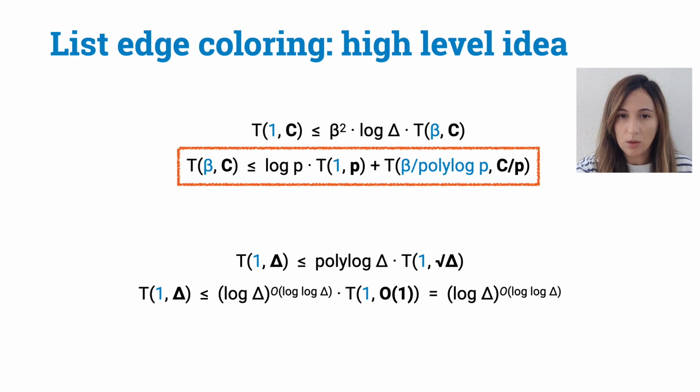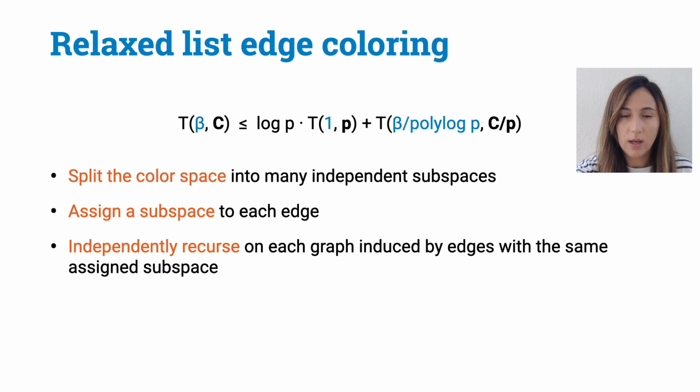Now that we know what to do once we have an algorithm for the relaxed version of list edge coloring, let's actually see how to solve these edge coloring problems when the size of the list is large. The high-level idea is to split the color space into many independent color subspaces and assign a subspace to each edge.